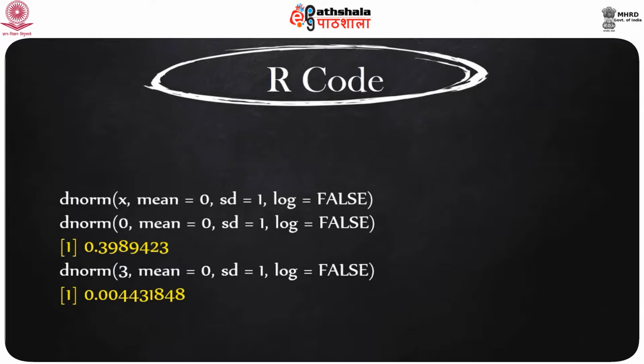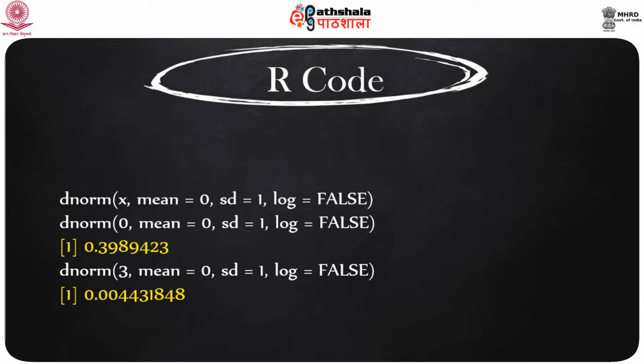So, let us start with the normal distribution and see what these functions offer us. As we have seen earlier, we have 4 functions, dnorm, pnorm, qnorm and rnorm, corresponding to the normal distribution.